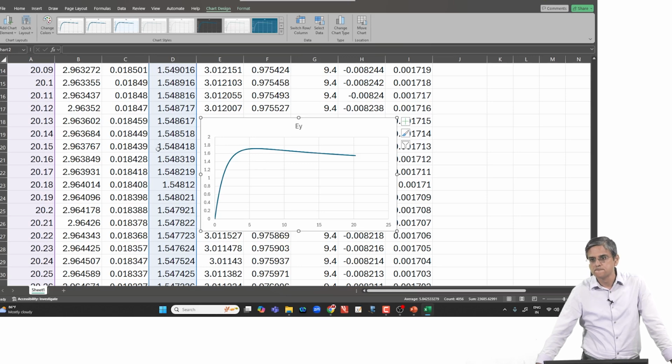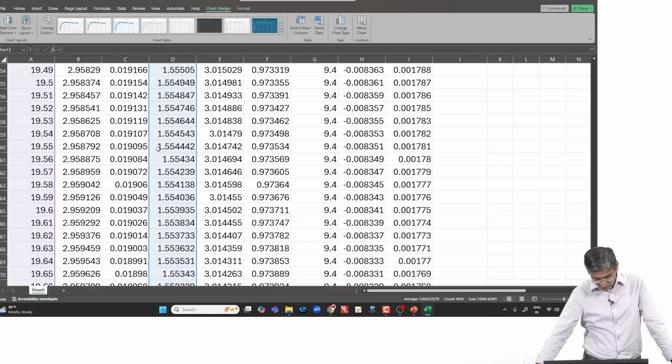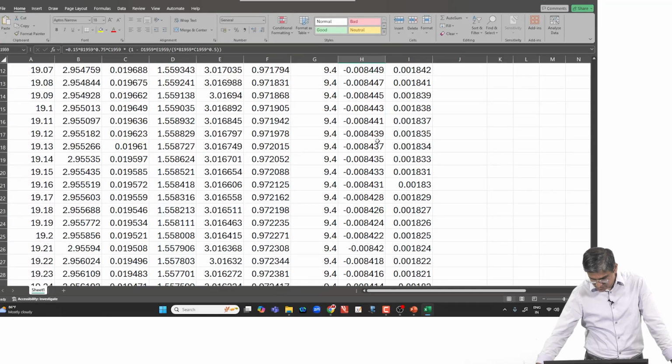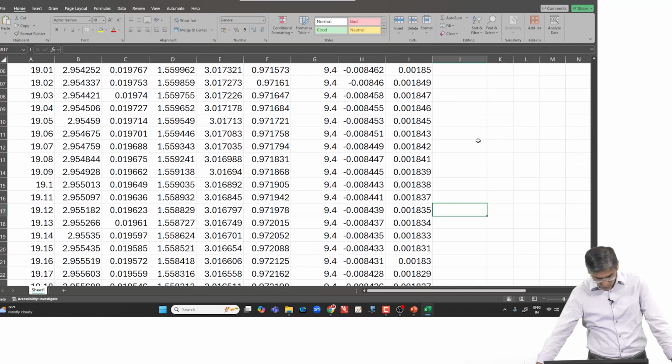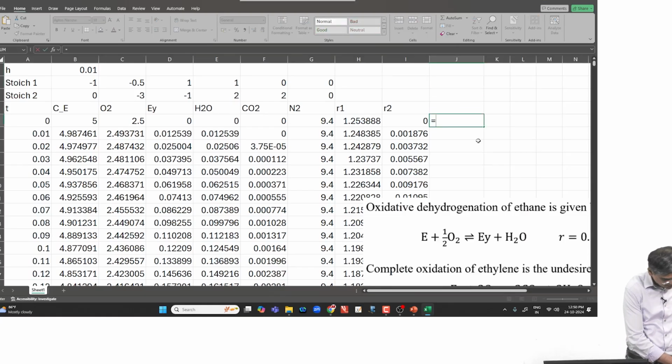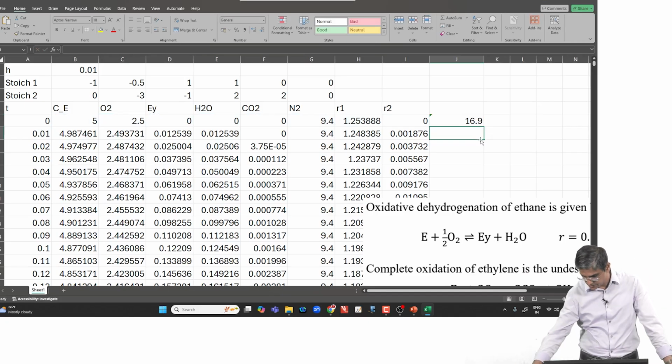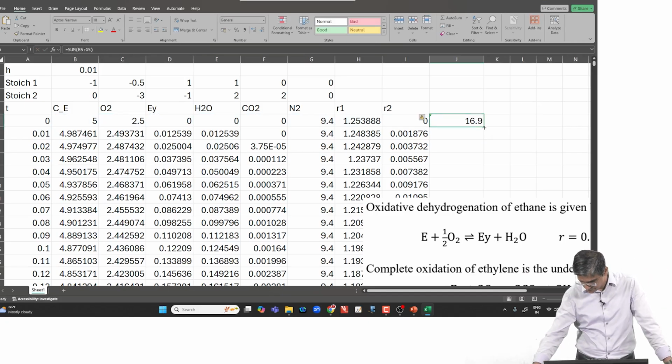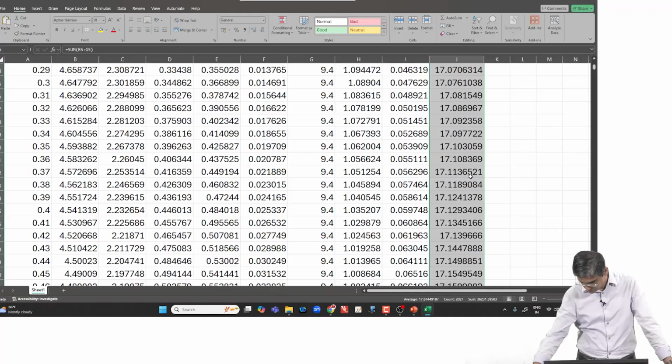The other thing that you will notice is that the total concentration, and therefore C by RT, the total pressure, is going to change with time. It's going to increase with time, right?